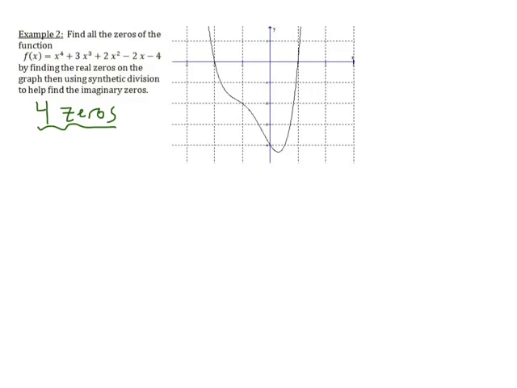Remember, a real zero is determined by where the graph crosses the x-axis. So in our instructions here, we're going to find the real zeros on the graph and then use synthetic division to help us find the imaginary zeros. In the last example, we used the rational root theorem to try some possible rational zeros.